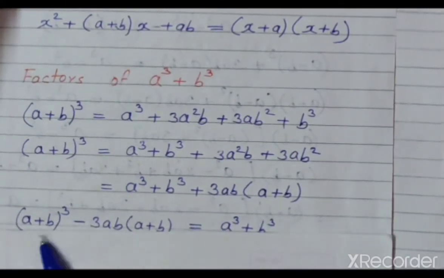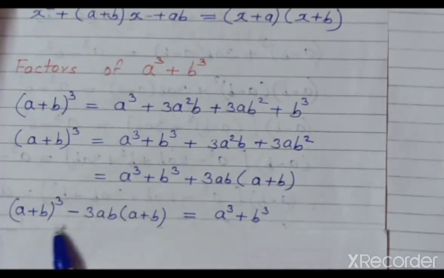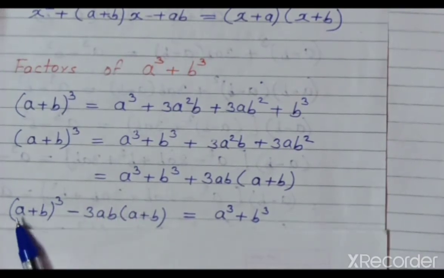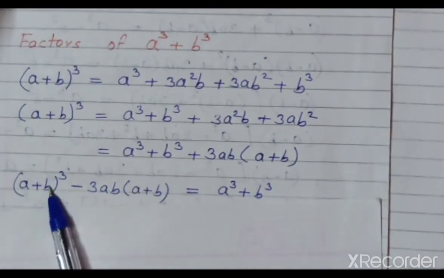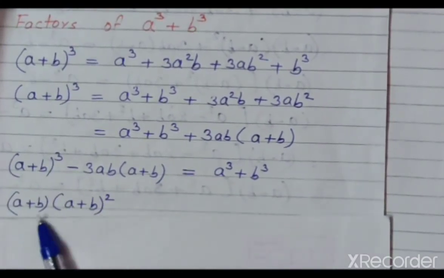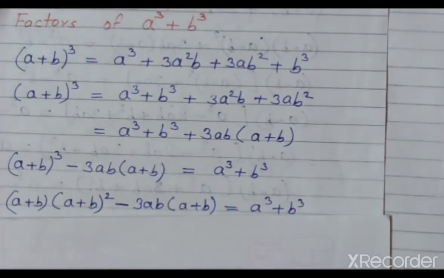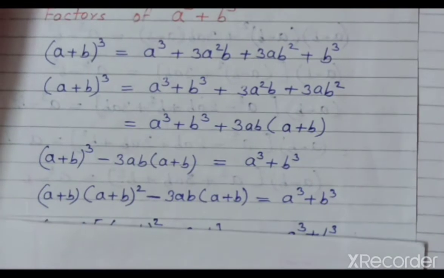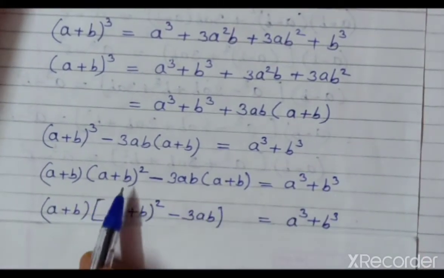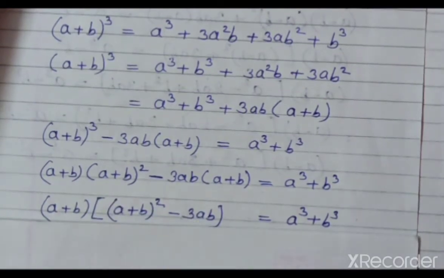Now on both sides you can see (a + b), so we can take this (a + b) again as a common factor. Here I am just factorizing it. (a + b)³ we can write like this, and the remaining term is this one. So let's take (a + b) as a common factor. The remaining terms are (a + b)² − 3ab.